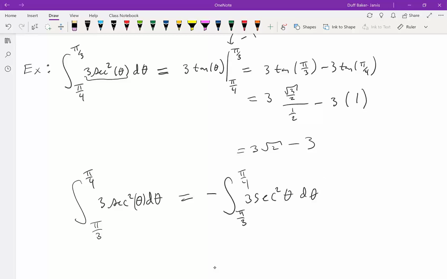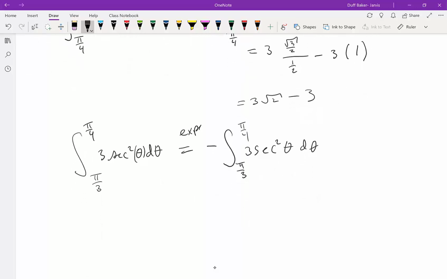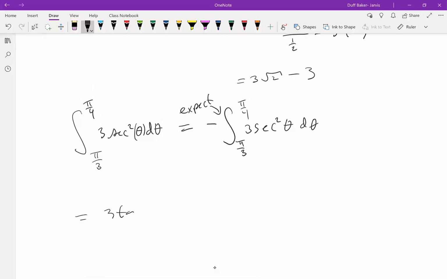But it turns out you don't have to do that. You don't ever have to worry about the order of the bounds, even if they're in the wrong order, even if the top one is smaller than the bottom one, it'll still work out. You'll just end up with 3 tangent of theta from pi over 3 to pi over 4, and that'll be exactly the opposite here.